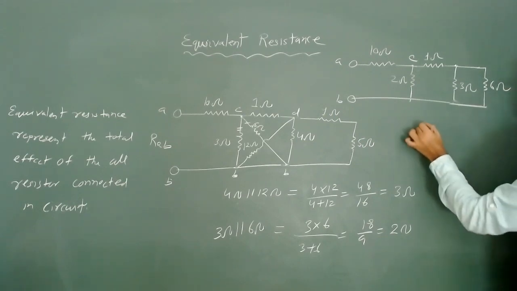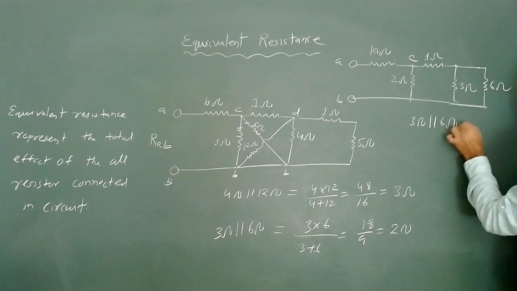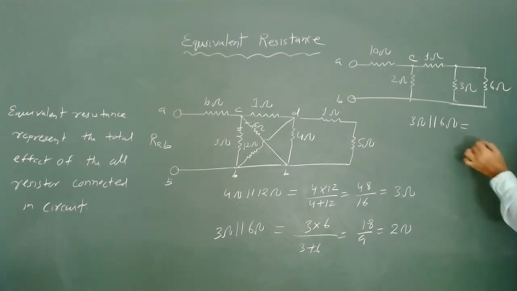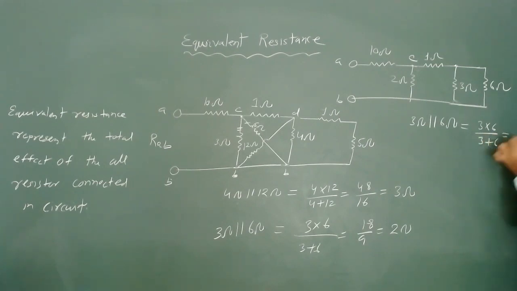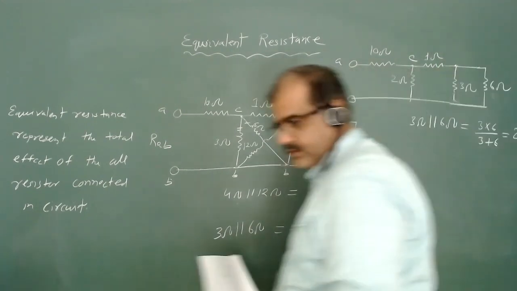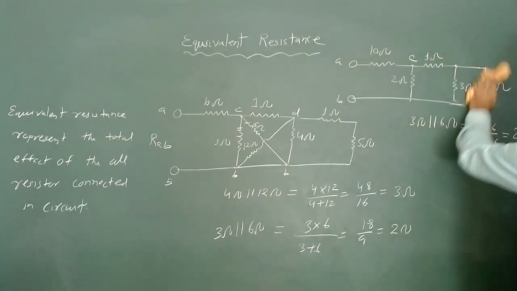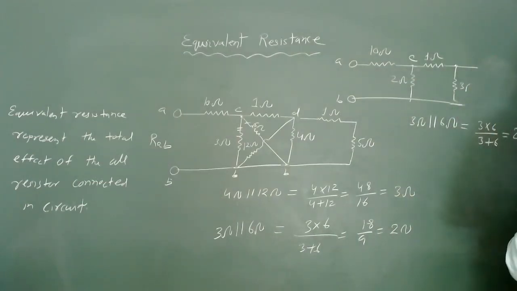Now these 3 ohm and 6 ohm resistors are in parallel, so their combination gives 3 into 6 upon 3 plus 6, again 2 ohm. So if I combine these two resistances, they give me a total of 2 ohm resistance. So I can remove this one and write here 2 ohm resistance.